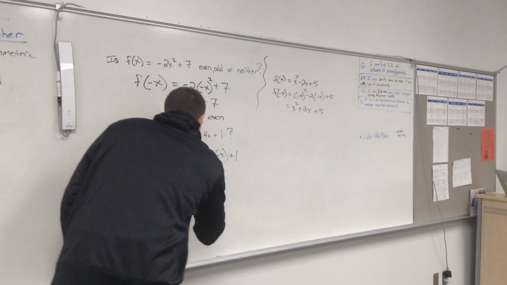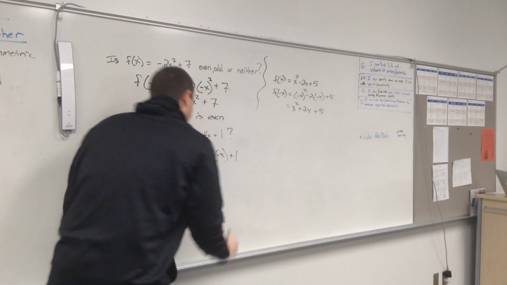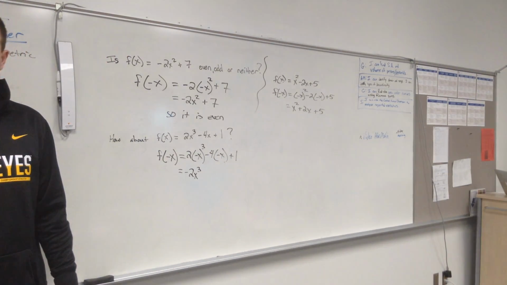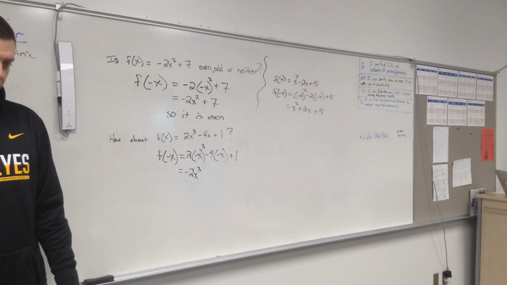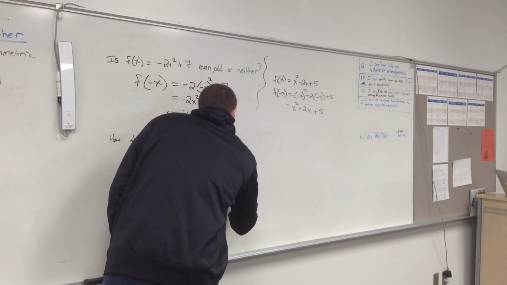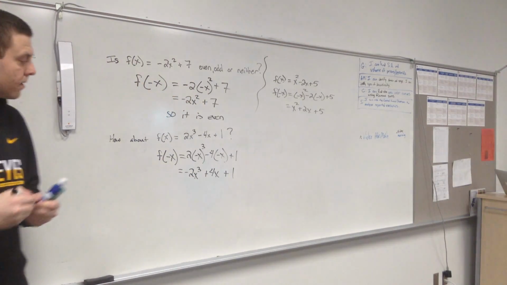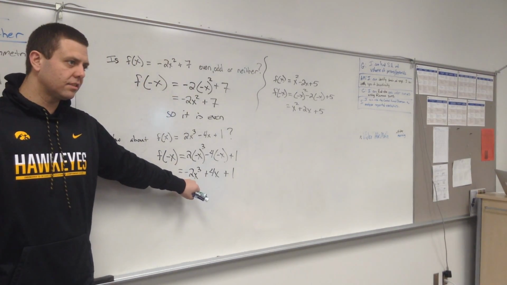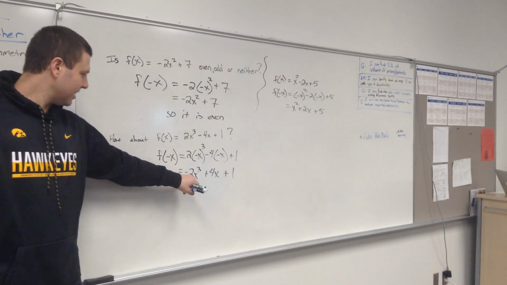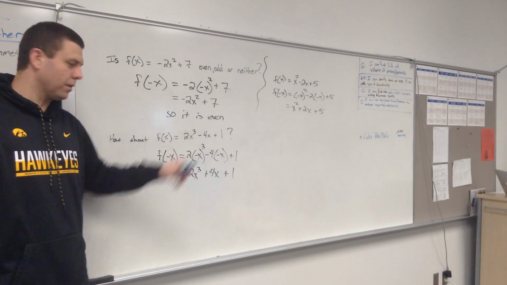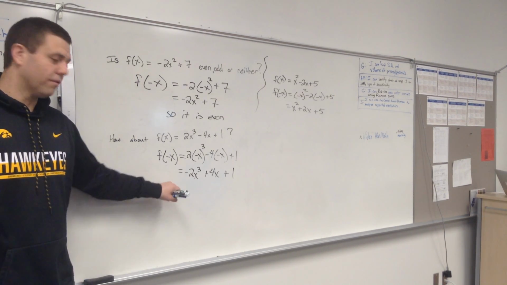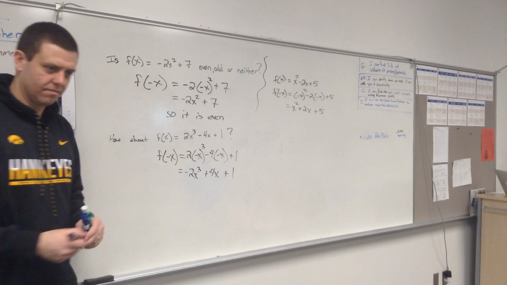Negative 2x cubed. Okay? Minus 4 times negative x is plus 4x. And then plus 1, right? Okay. Is this the same as this one? No. Is this the opposite of this one? No. Not quite. Okay? So therefore this one is neither.